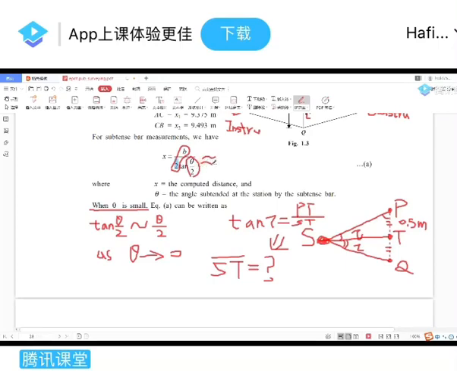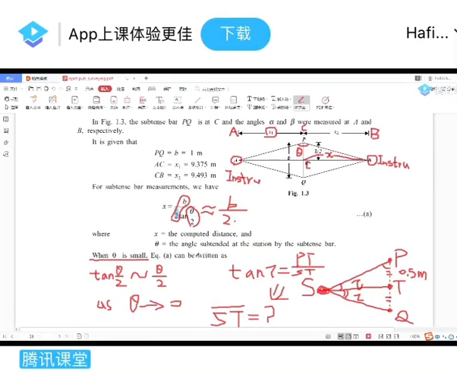So this one will become B divided by 2 times theta divided by 2, because approximately, as theta approaches 0, they are the same. But remember, theta must approach 0.